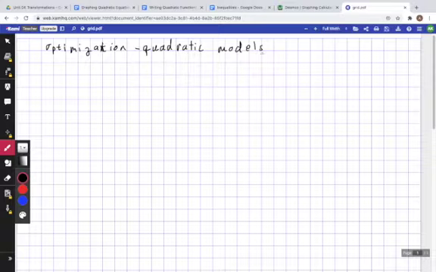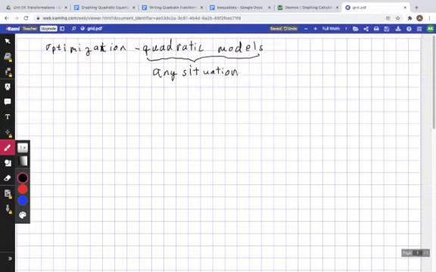So, what exactly is a quadratic model? A quadratic model is anything that can be written, or any situation modeled by a quadratic formula.